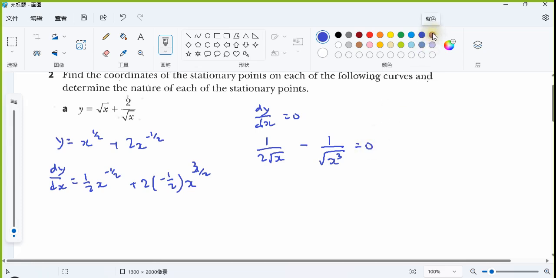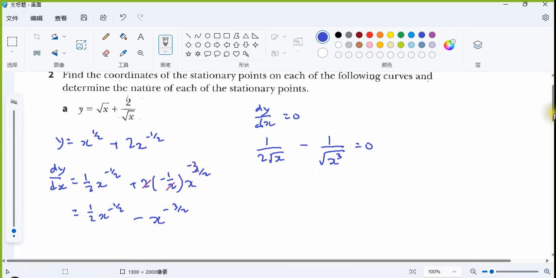Okay. So this one is cancelled. So we have this is half x power negative half minus x power negative 3 over 2.